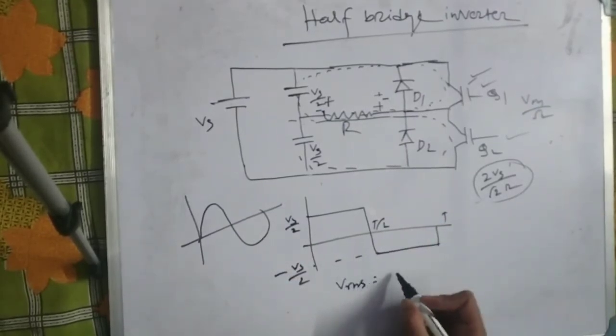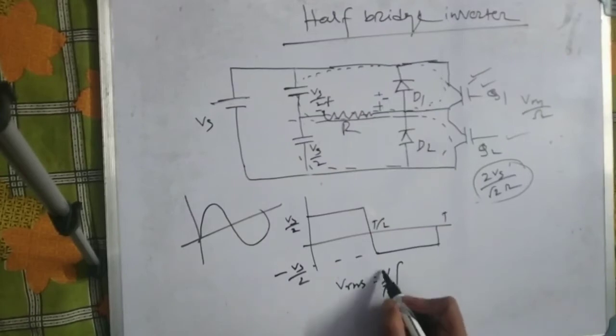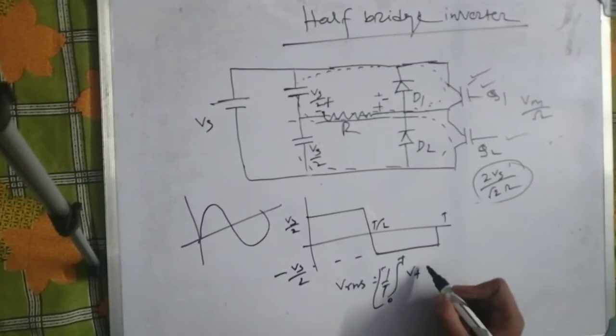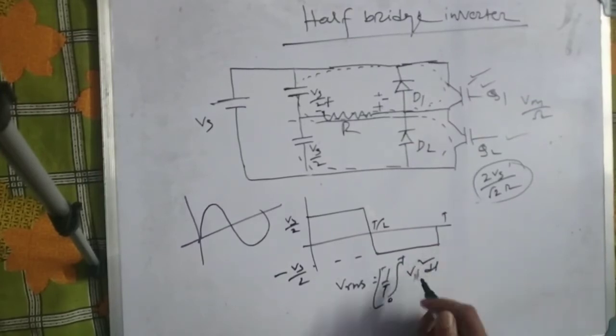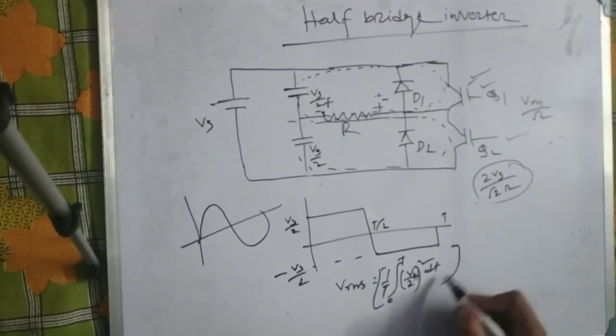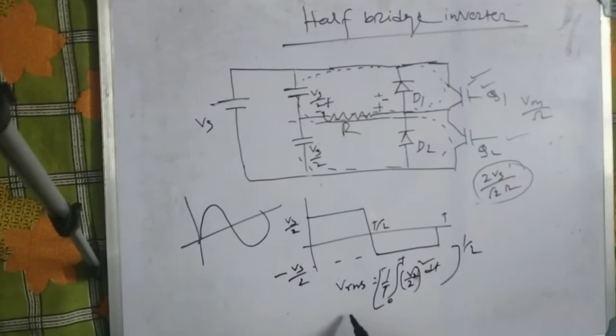Vrms equals, we know, the square root of 1 by time period, integral from 0 to T of v(t) squared dt. Here v is Vs by 2, whole squared, into dt, and whole root. If we do this, we will be getting Vrms equal to Vs by 2.